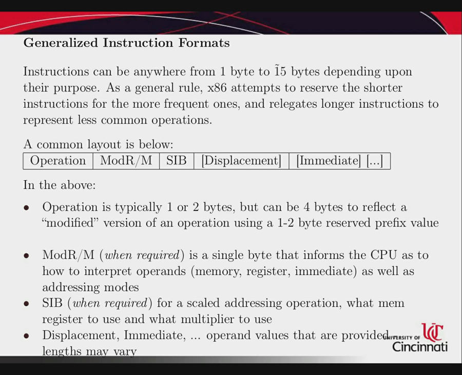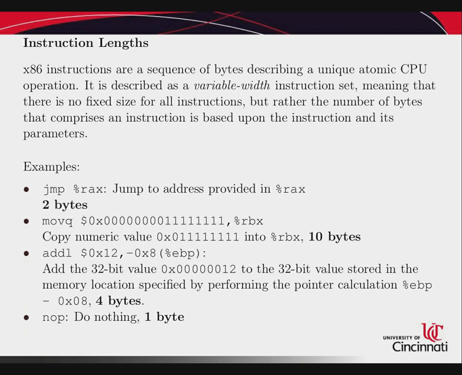So for instance, when we were adding 12 to something, even though this instruction is written add 12 to the value at this memory location and then store it in that memory location, 12 ended up being the last value in the instruction, at the end of the instruction.